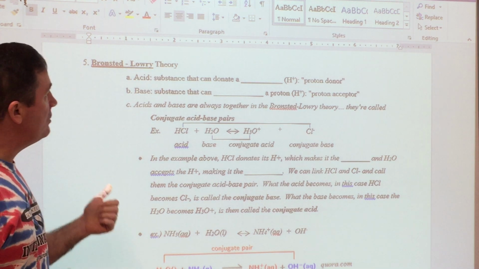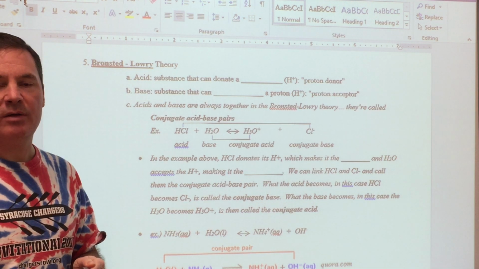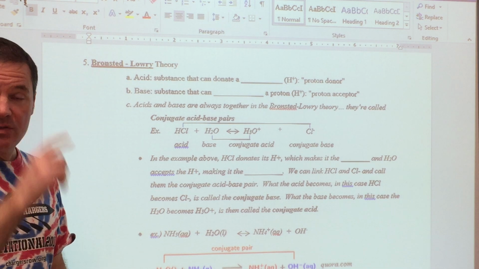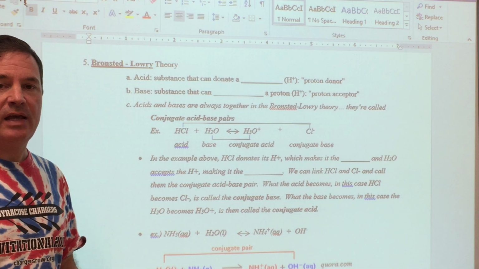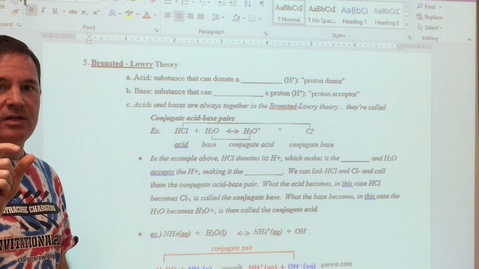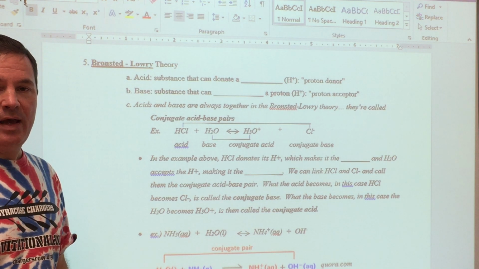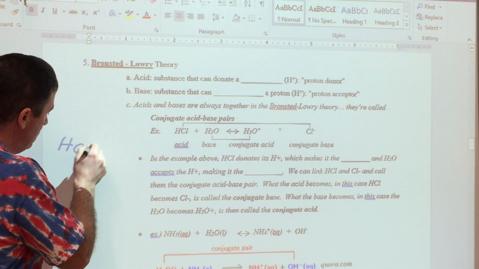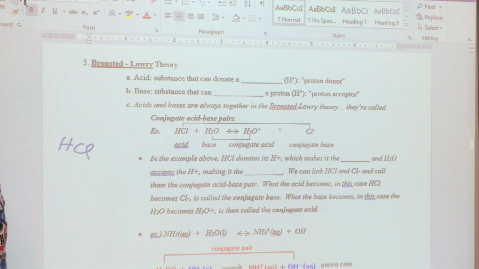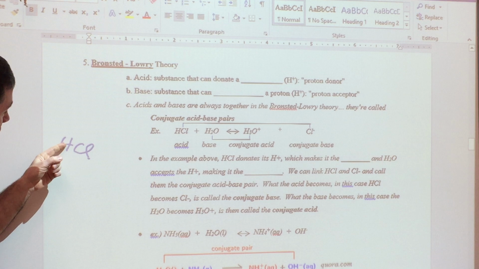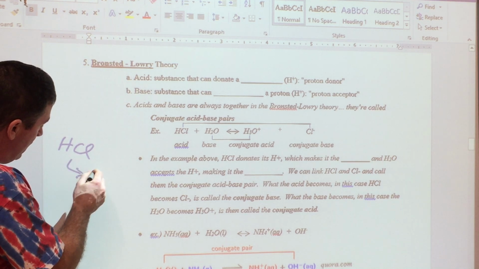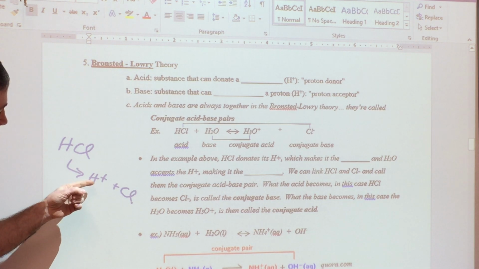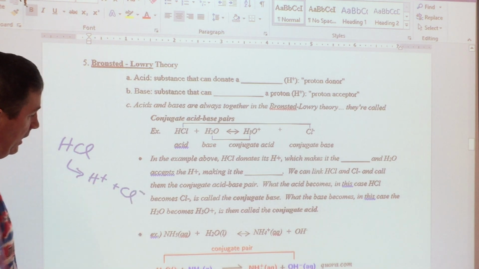Just a reminder, Bronsted Lowry is a different theory about acids, and it's more general. In Arrhenius, acids are those that have a hydrogen ion that they give away. So an example would be hydrochloric acid. Hydrochloric acid, when it's mixed with water, will lose this hydrogen, and then it becomes hydrogen ion and chloride ion.